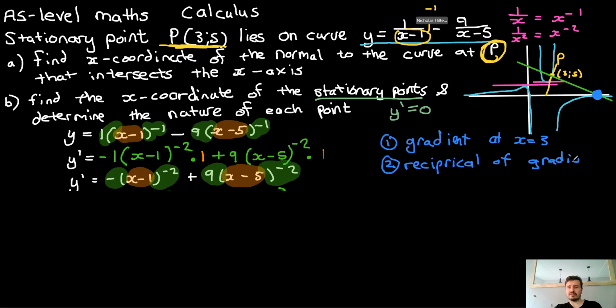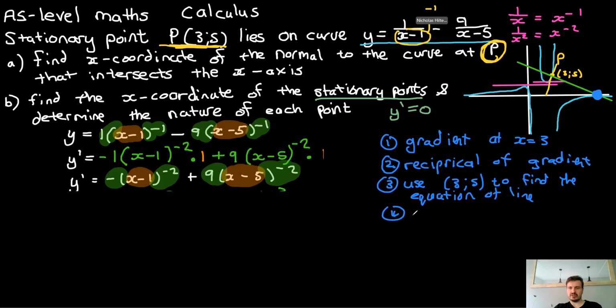Then, because now we have the gradient, we use the point 3 and 5 to find the equation of the line. And then step 4 is we make y equal 0 on that line to find the x-intercept.